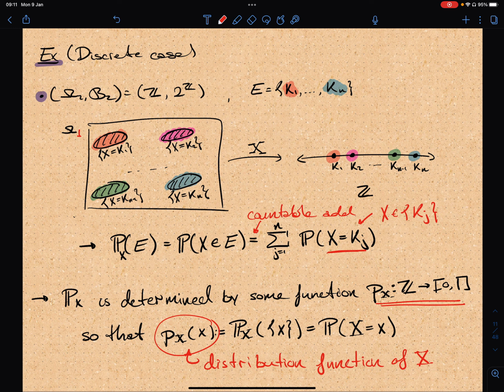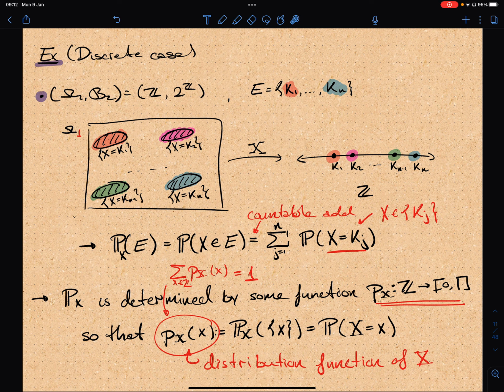We do have an additional condition that we need to be careful about for this p of x. If we add over all the x's, p sub X of x is going to add up to 1. But this should be clear from the fact that the probability of the whole outcome space has to add up to 1.